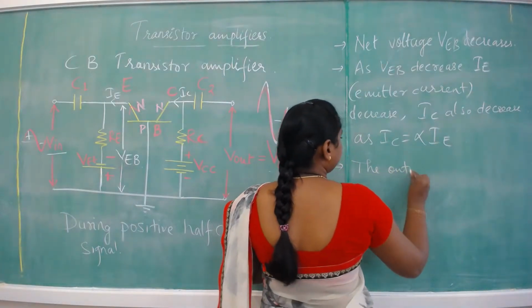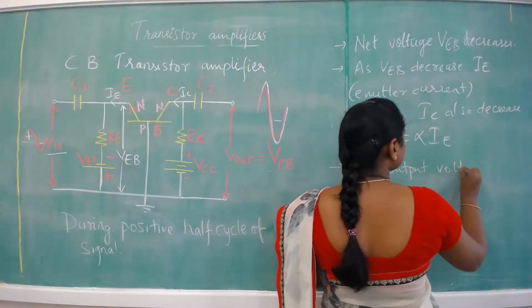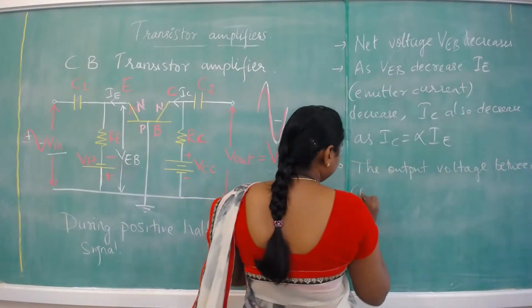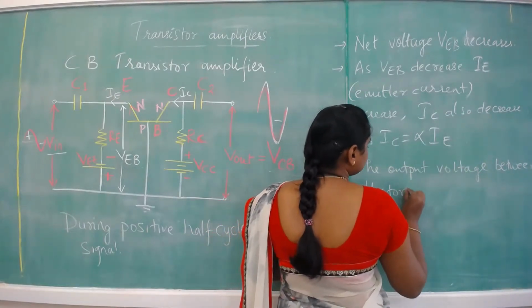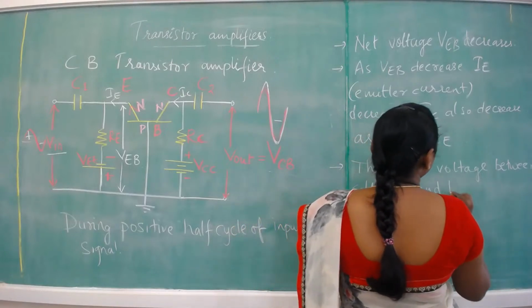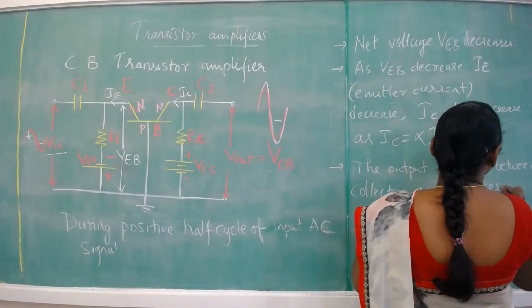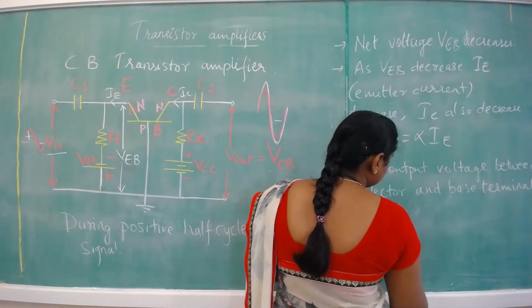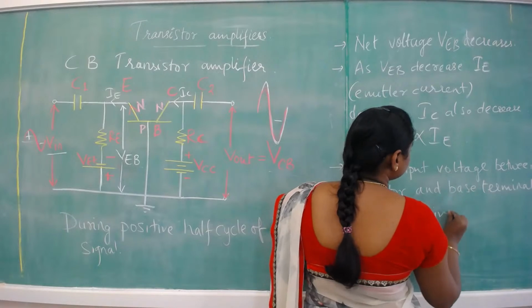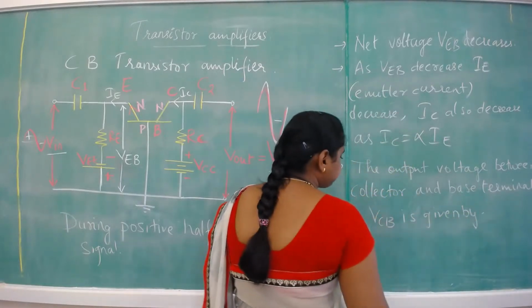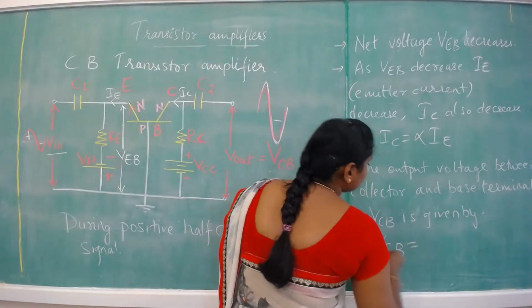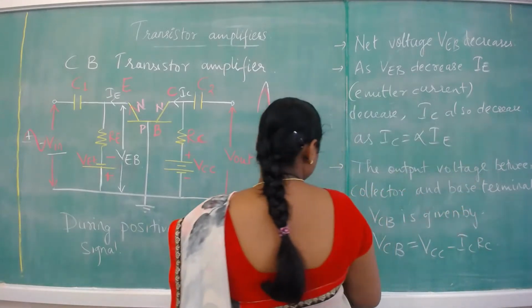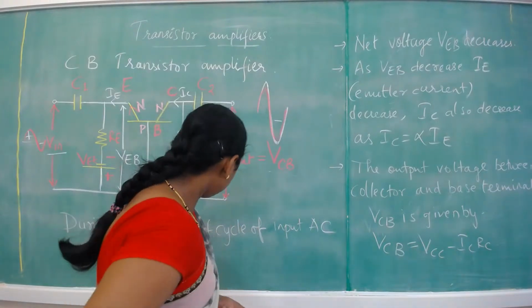The output voltage between collector and base terminal, VCB, is given by what? VCB is equal to VCC minus IC RC.